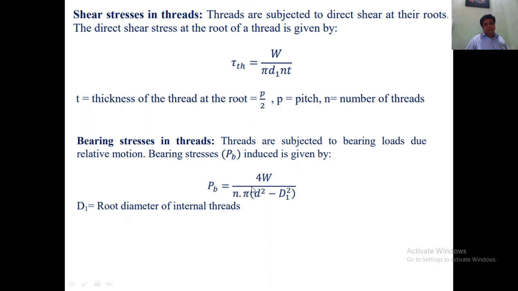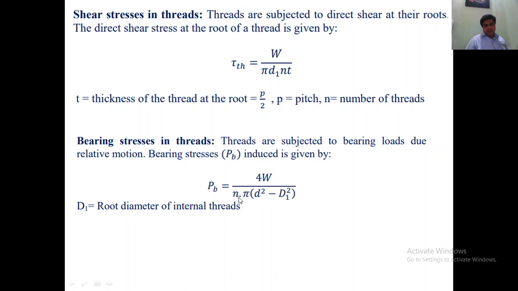And coming to bearing stresses, the threads are subjected to bearing stresses again because of the bearing loads. So again it is load by the area, where d1 is nothing but the internal diameter of the threads, and d2 is the mean diameter of the threads.